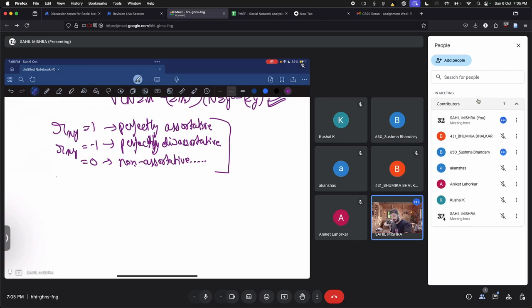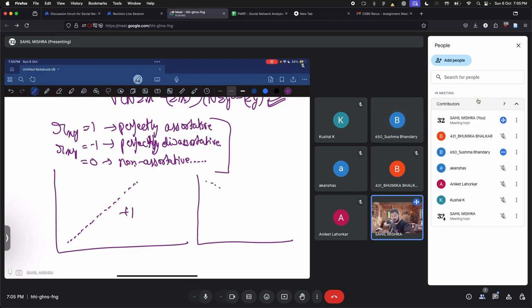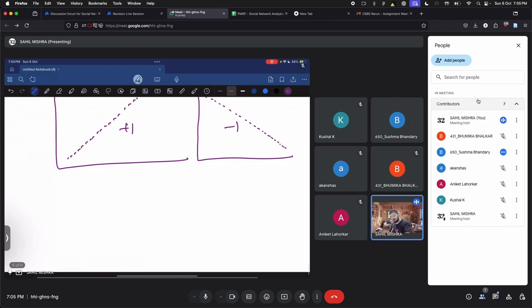The Pearson correlation coefficient is plus 1 when data points lie like this. When data points lie like this, there is a negative relationship between them, then it's minus 1. And when the data points are randomly spread, there is no relationship, then it's 0.